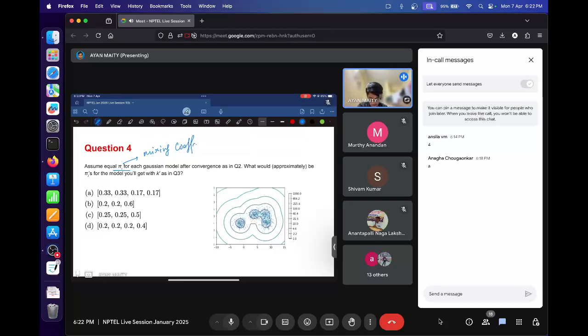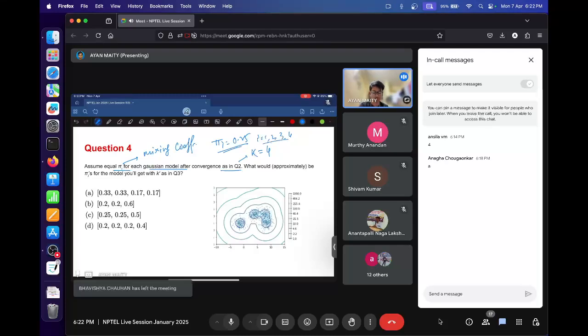Assume equal pi i for each Gaussian model after the convergence, as in question 2. In question 2 we found that k is equal to 4, that there are 4 clusters. So if we assume equal pi i, pi i would be 0.25 for each of the clusters, with i equals 1, 2, 3, 4.